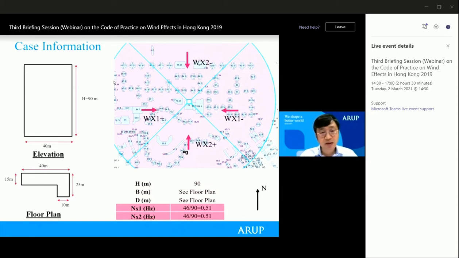The building is located in a town center, so you can see there are lots of other buildings of a similar height densely located around our target building. For the natural frequency, we use the rule of thumb of 46/h, which gives us about 0.51 Hz for both directions.